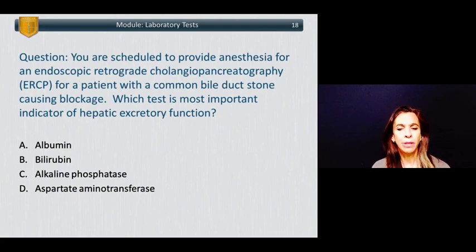For a patient with a common bile duct stone causing blockage, which test is the most important indicator for hepatic excretory function? A, an albumin level; B, a bilirubin level; C, an alkaline phosphatase level; or D, an aspartate aminotransferase, or AST, level. And the answer is bilirubin.